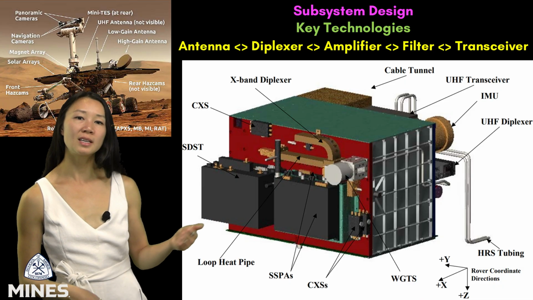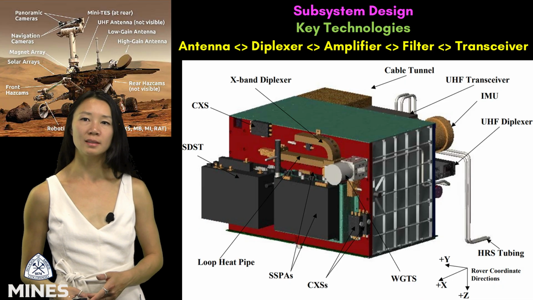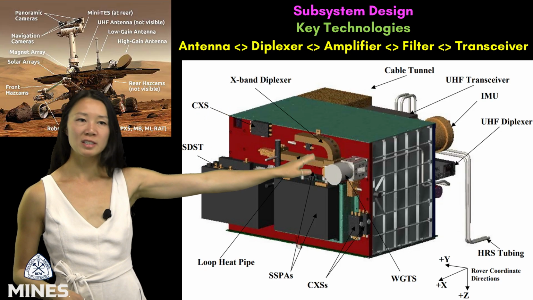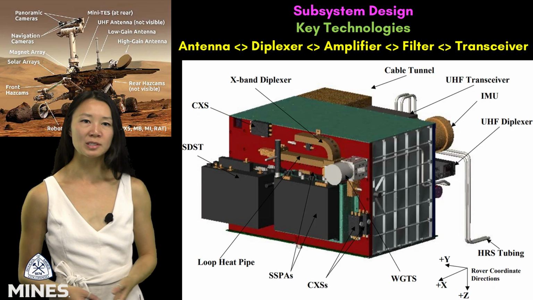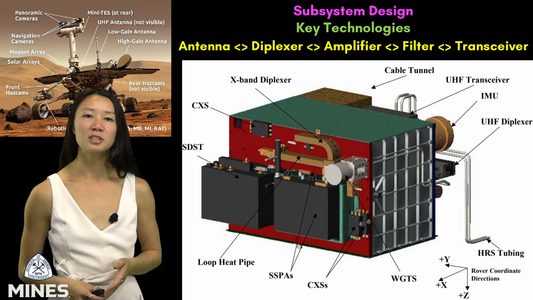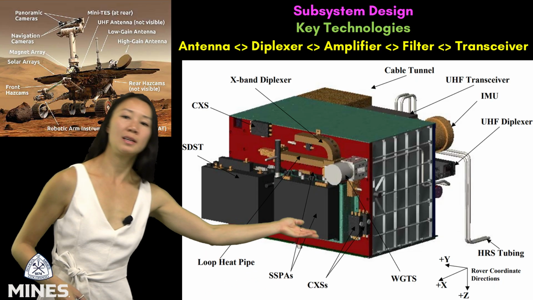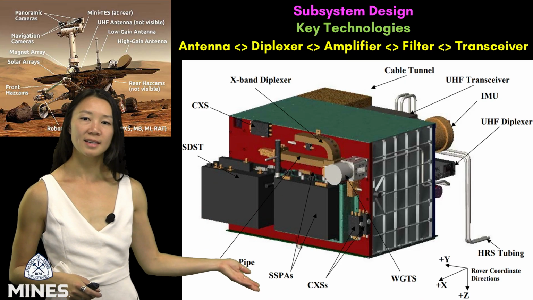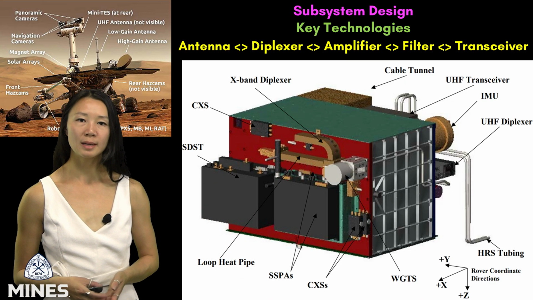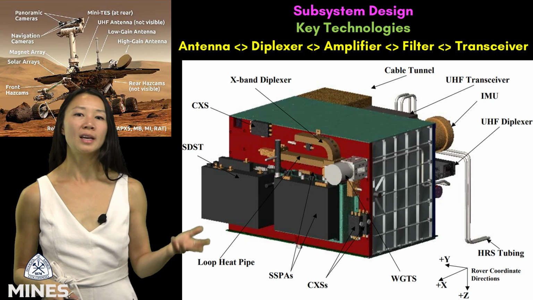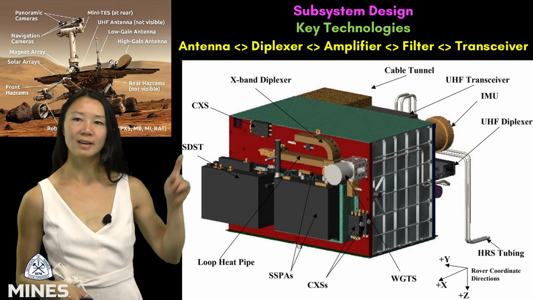Revealed here, you can see specific communication elements like the X-band diplexer, the UHF transceiver, the UHF diplexers, CXS, or coaxial switches, WGTS, which stands for waveguide transfer switches, SSPAs, or solid-state power amplifiers, and X-band transponders, labeled SDST, right here.